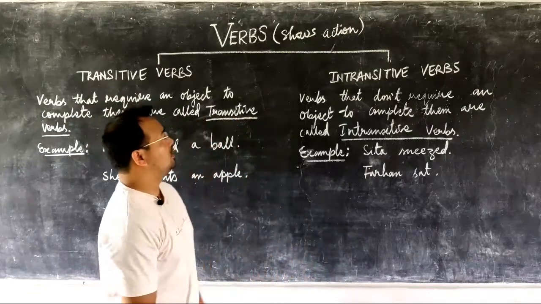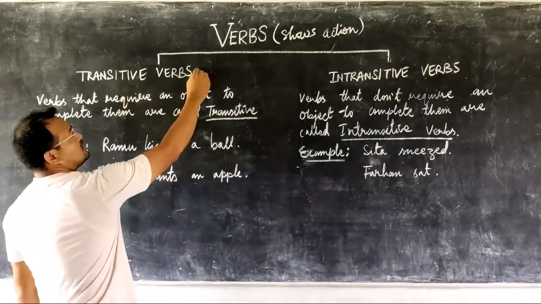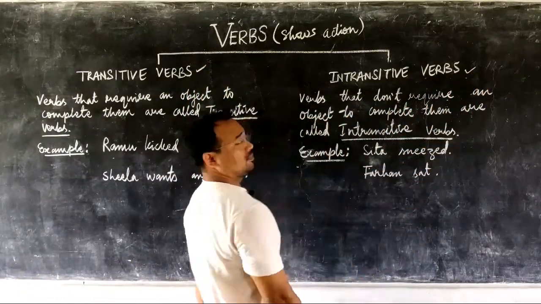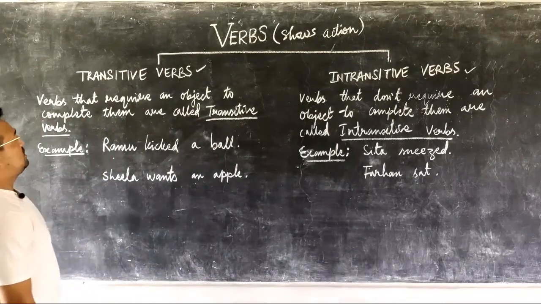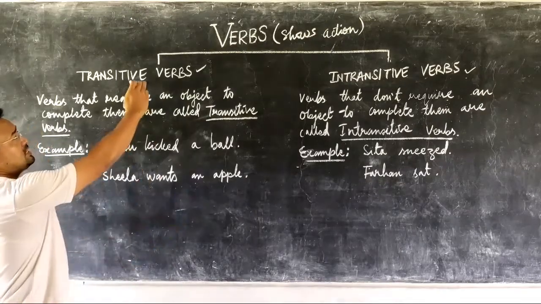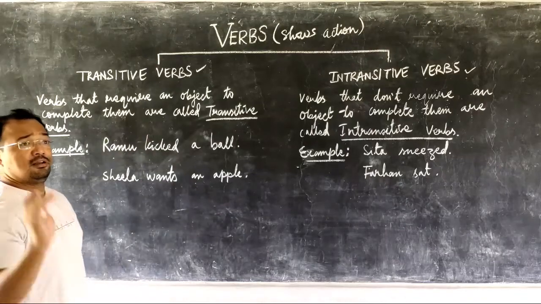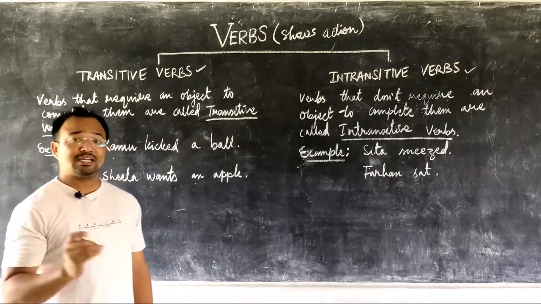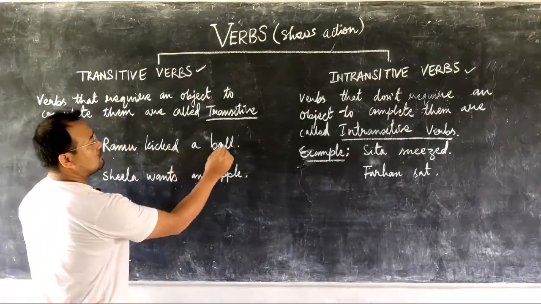Now verbs are categorized into two types. The first is called transitive verb and the second is known as intransitive verb. What does a transitive verb say? It is a verb that requires an object to complete the sentence. For example, Ramu kicked a ball.